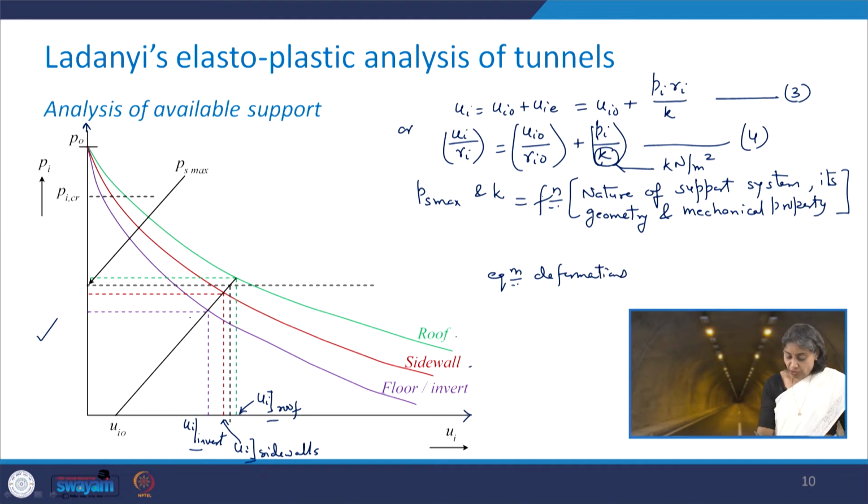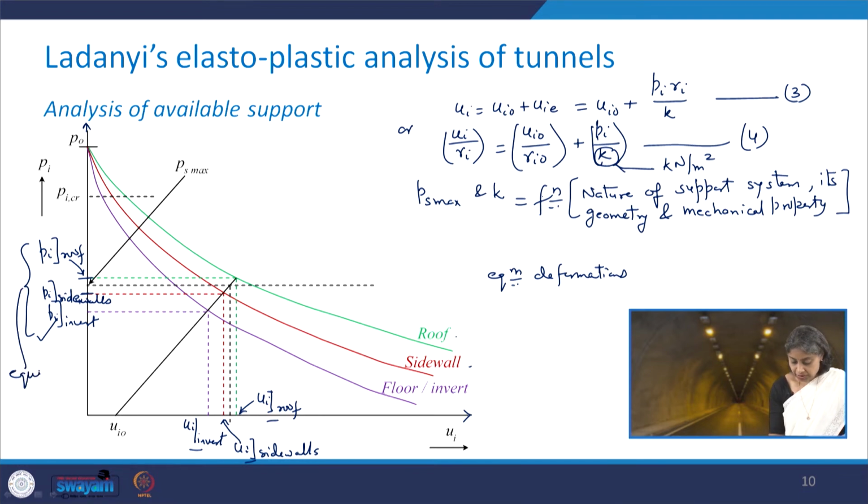And corresponding to each of these, we have here pi invert, then we have pi side walls, this red one, and the green one is pi roof. So these three are the equilibrium pressures.